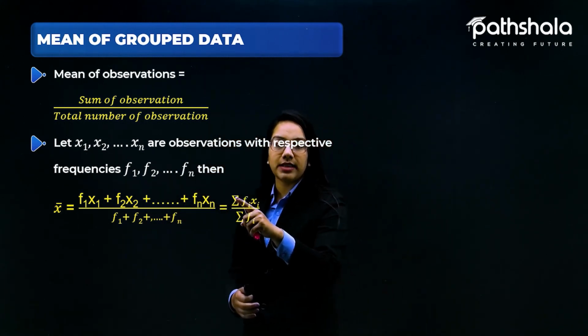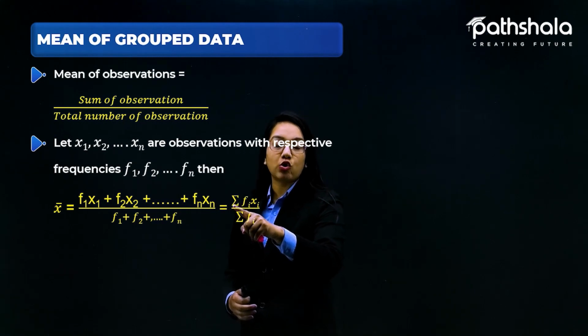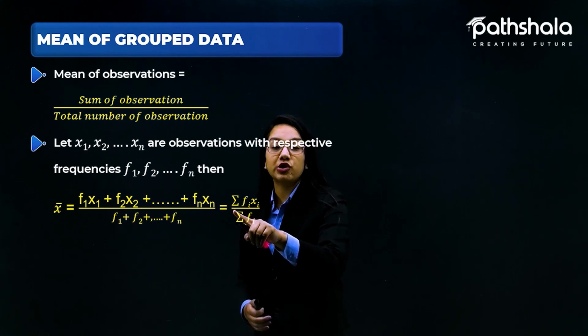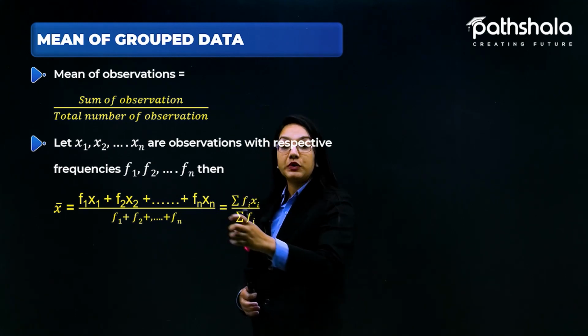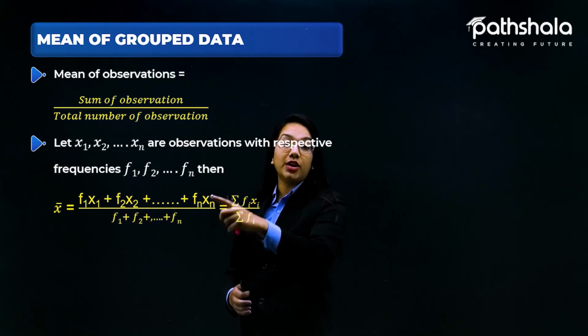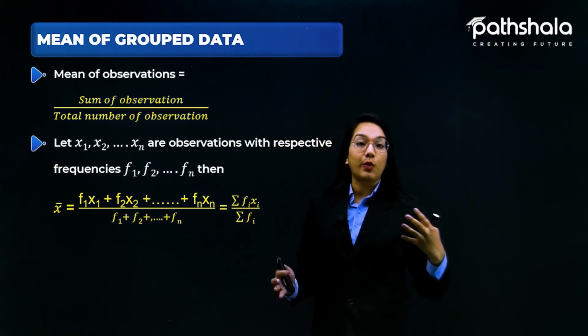This symbol is a Greek symbol called sigma, which represents a sum. Here we are taking the product of the observations with respect to their frequencies.